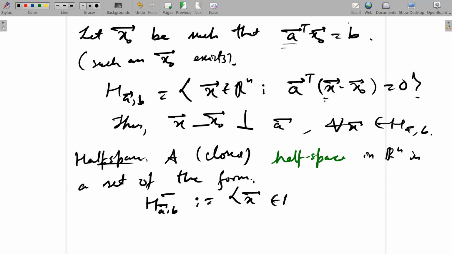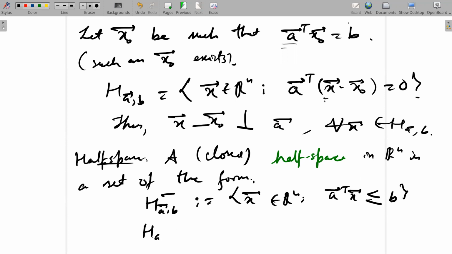It's all those x's such that A transpose x is less than or equal to B. In the previous case, the hyperplane, we had an equality, but here we have less than or equal to B.